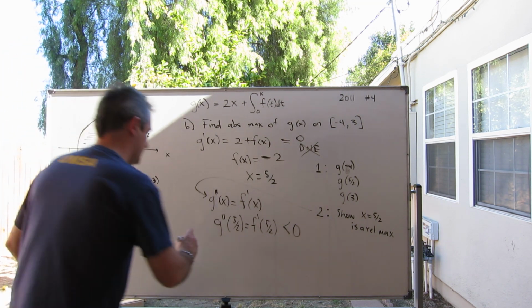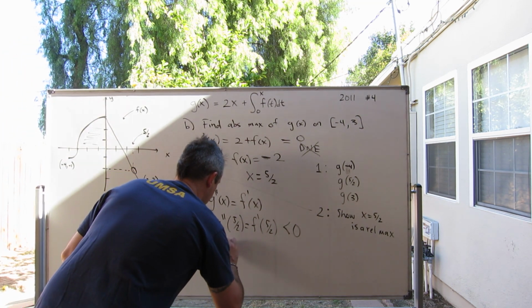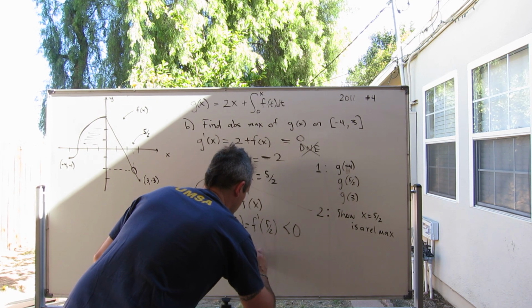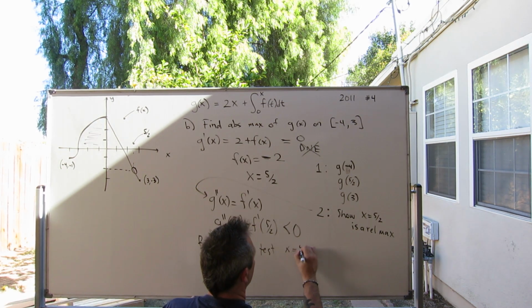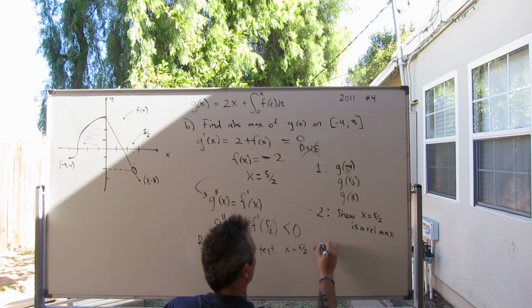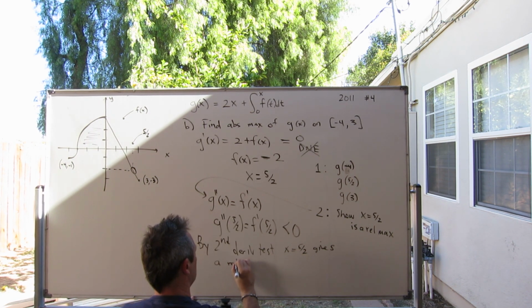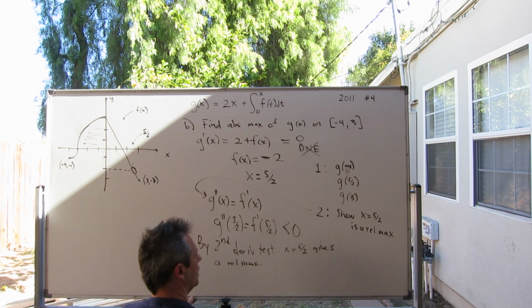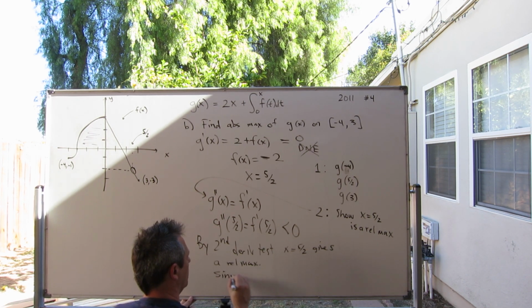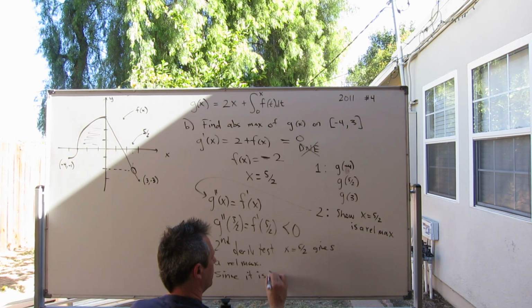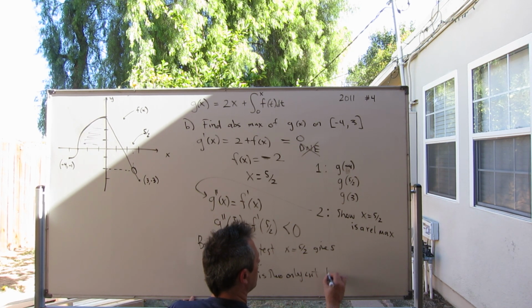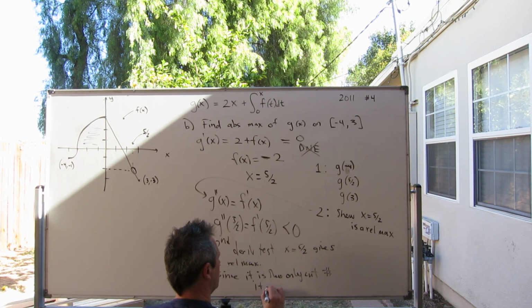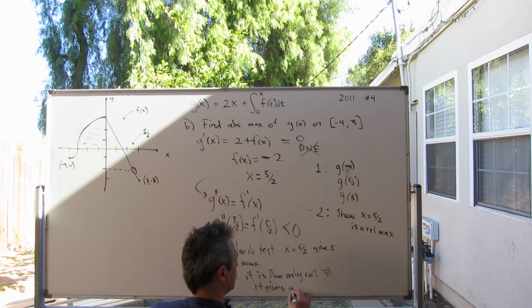Thus, by the second derivative test, x equals 5/2 gives a relative max. Since it is the only critical number, it gives an absolute max.